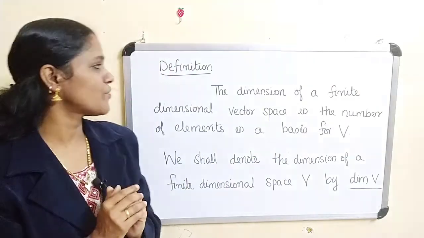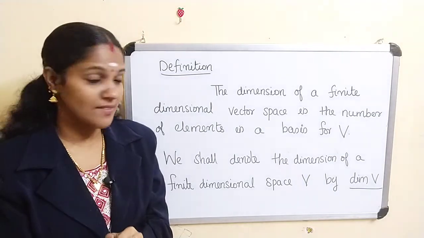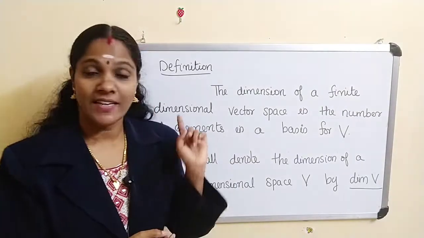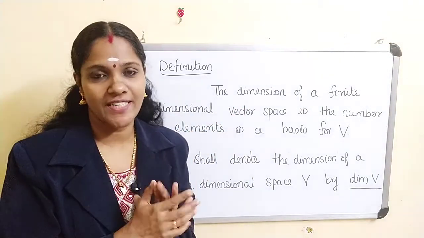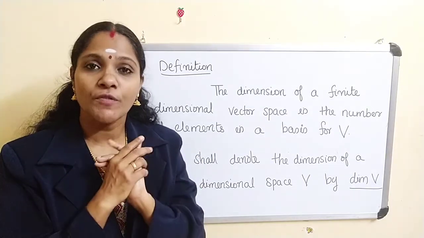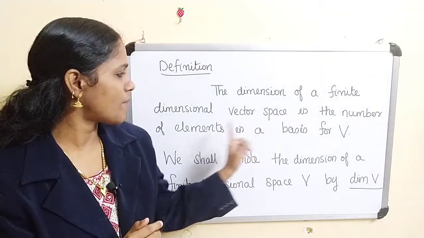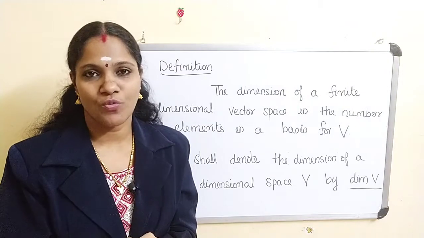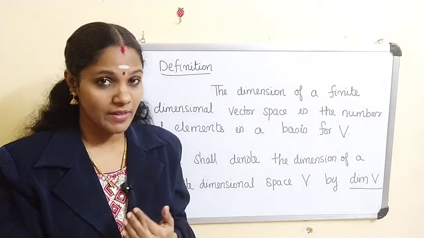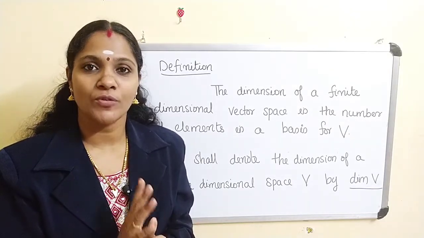Now the definition of dimension is: the dimension of a finite dimensional vector space is the number of elements in a basis for V. Finite dimensional is important, because if it is not finite then we cannot count the number of elements. If a vector space has two bases, then clearly the number of elements is the same using our corollary.